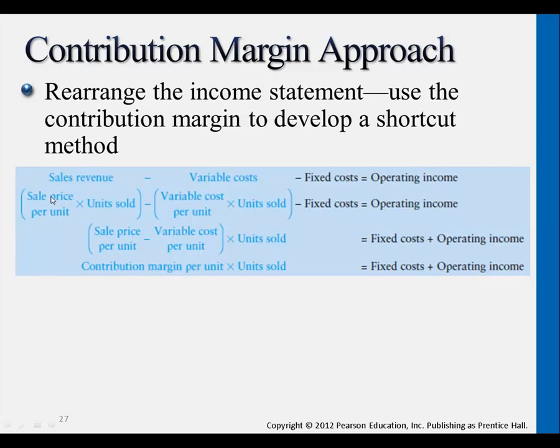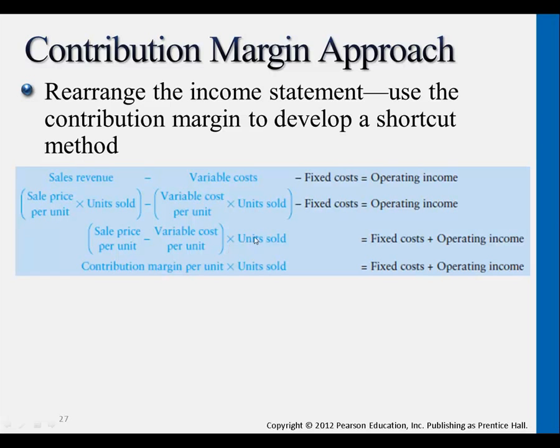So sales revenue, we said, is a sales price per unit multiplied by units sold. And variable costs are your variable cost per unit multiplied by units sold. Right? So we are dissecting our formula into smaller components. Then again, we're subtracting our fixed cost, and we get operating income. Now we'll take units sold out of brackets, and what are we going to get? Sales price per unit minus variable cost per unit.